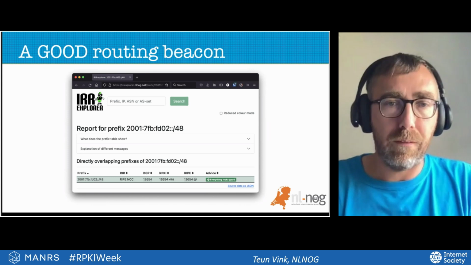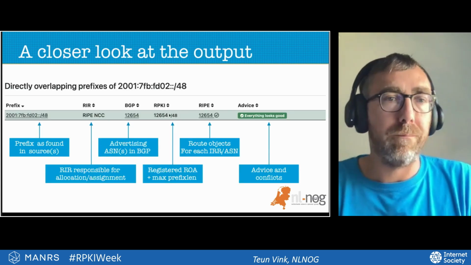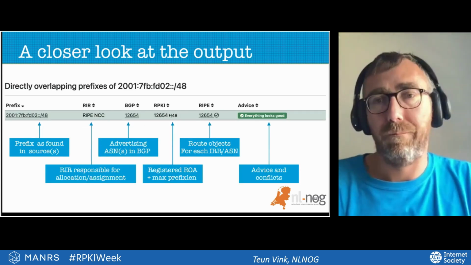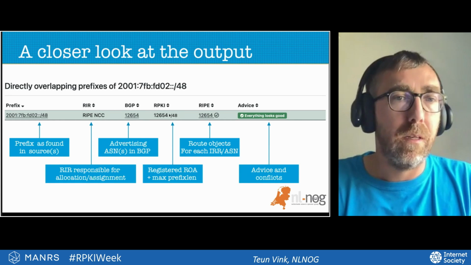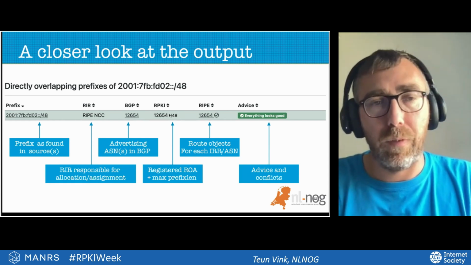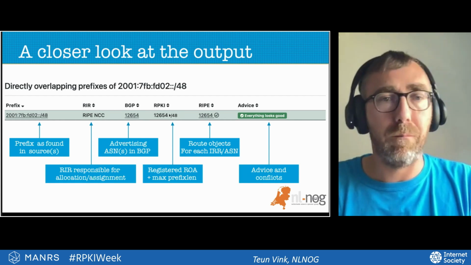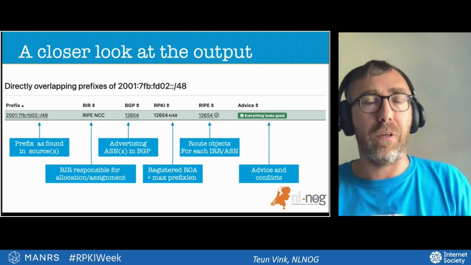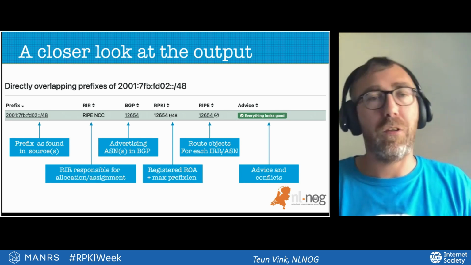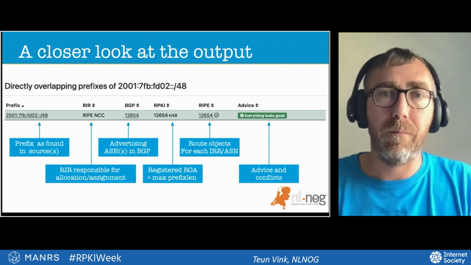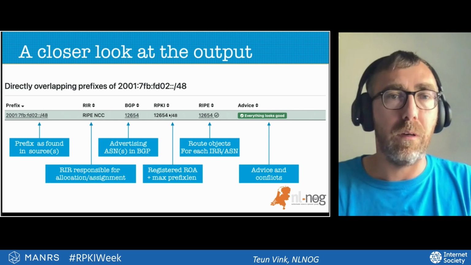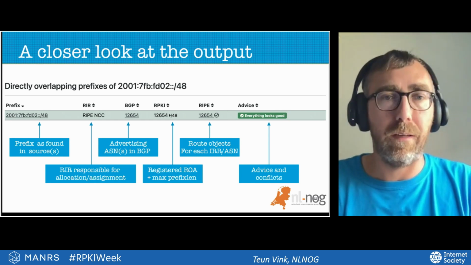So if you look at the columns of the table, you see, just as I explained, the prefix is found in one of the sources. In later examples, you will see that for one prefix, you can see more than one output, so you see more than one row of data.